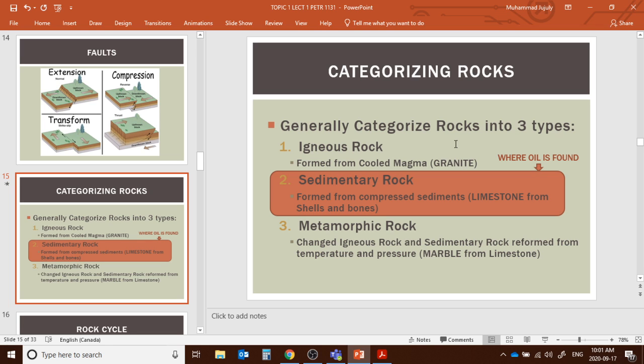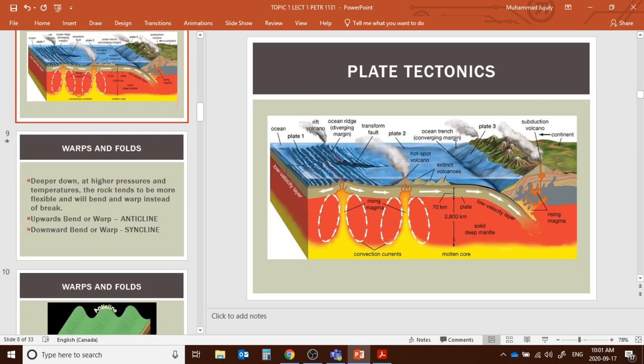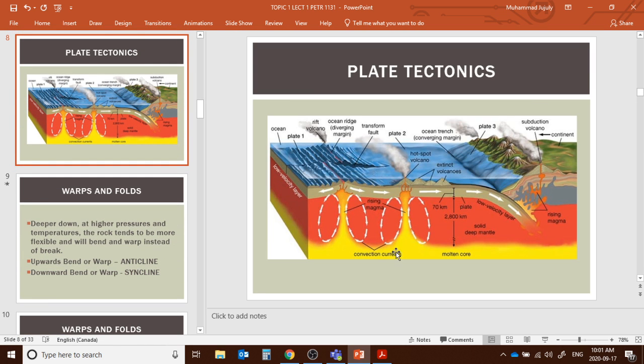Now, we know there are magmas under the earth here. These magmas are so hot that they still stay liquid, and the temperature is very high at the bottom of the earth.